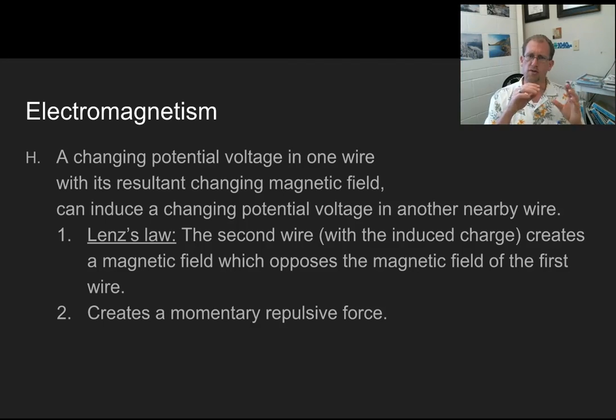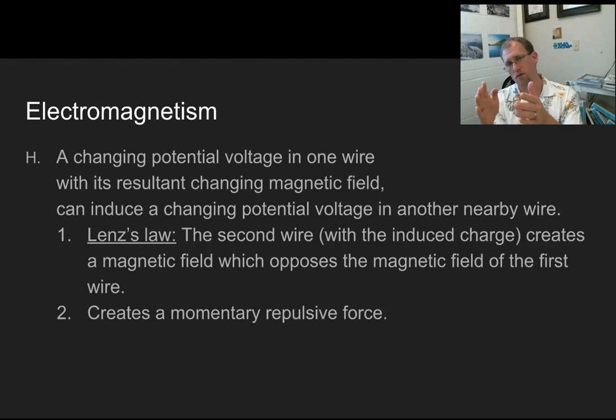But if you induce a changing magnetic field from an electric flow in one wire, a second wire sitting next to it will momentarily have an electric flow as the magnetic field is created or changes or goes away, and that second wire will then be induced to have a magnetic field and induced to have an electric field or an electric potential.